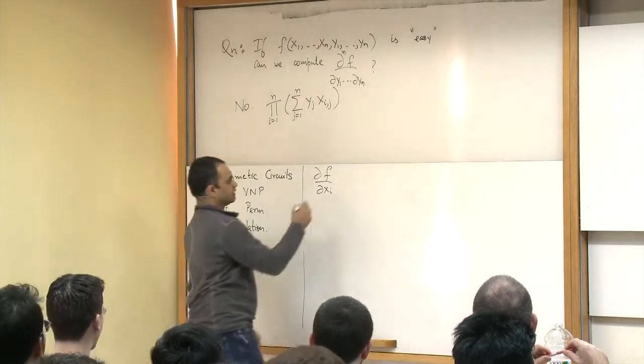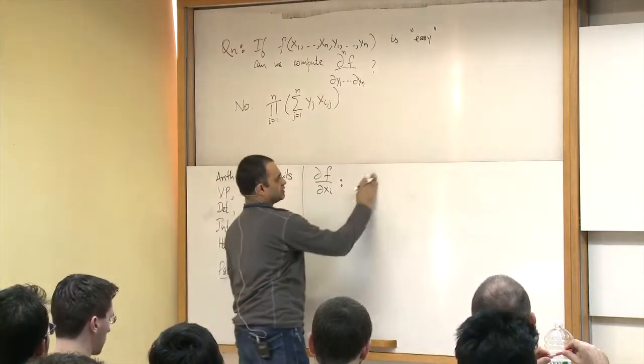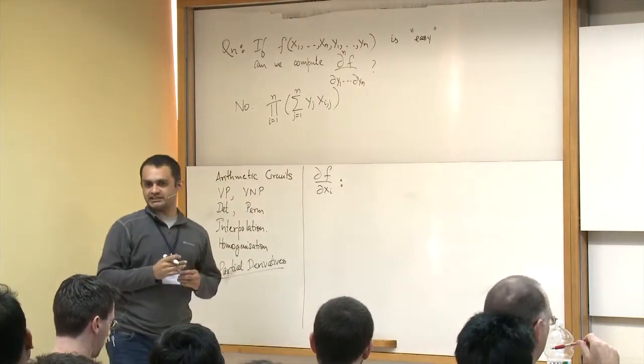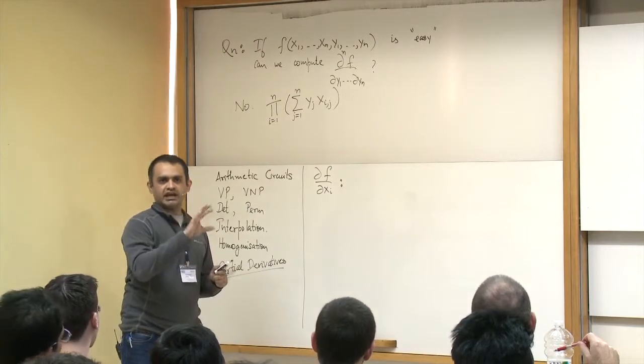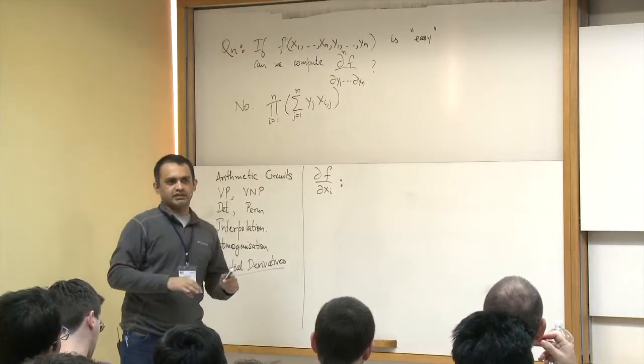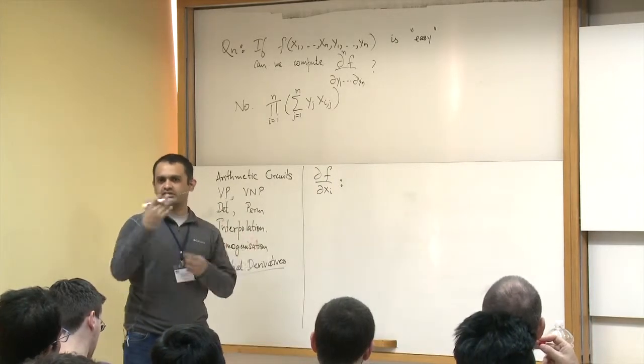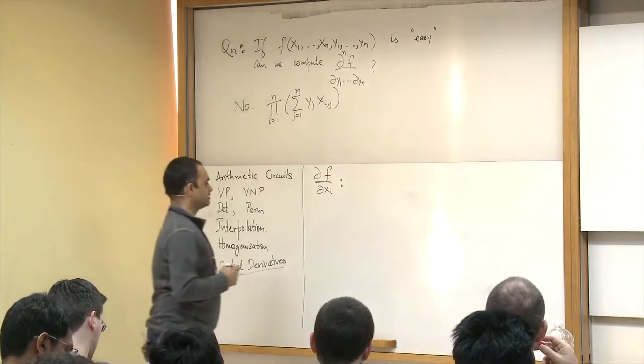And so one approach is very similar to what we did in homogenization. We'll replace every gate with a few copies, where each one is going to compute something useful about that gate, and we'll somehow try to connect these things together.